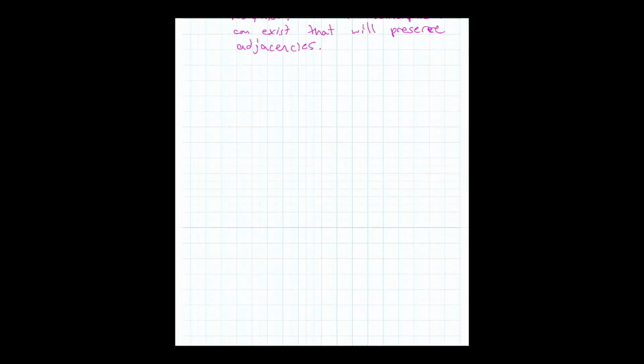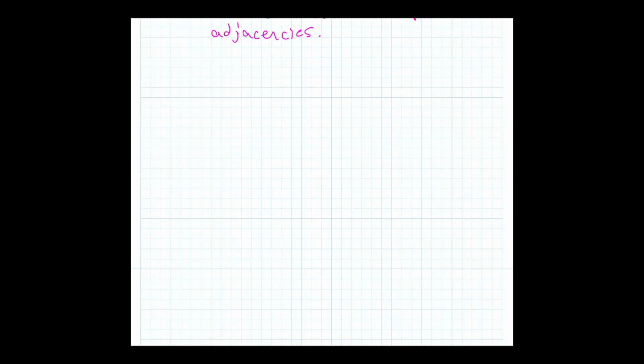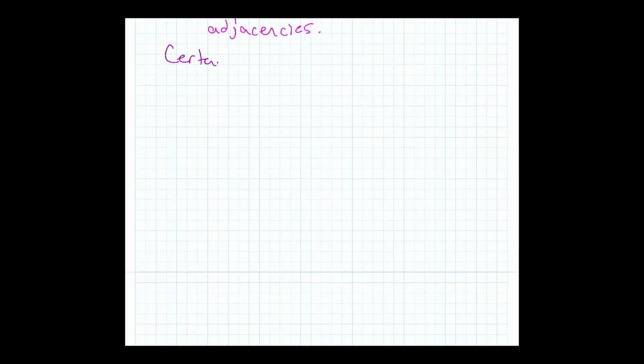All right, which leads us to what we were talking about, which is the concept of invariance. So let me try to find it. Okay. So certain things must be true or at least equal in isomorphic graphs.